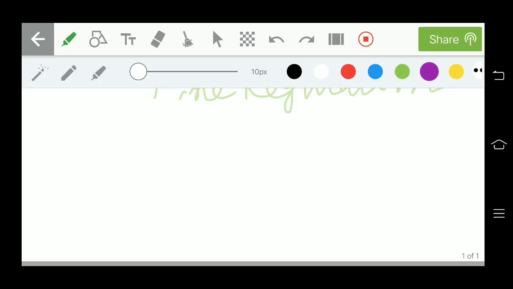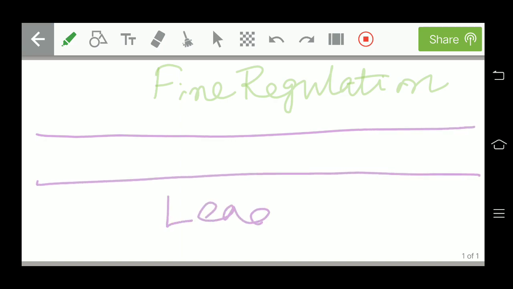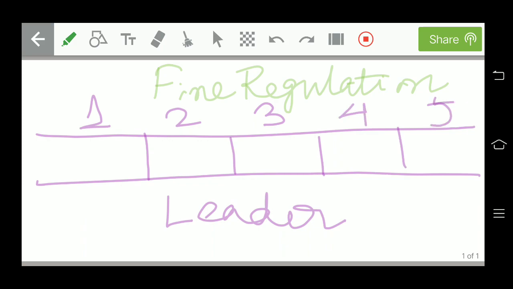So let's elaborate, or let's amplify, the leader. I told you this leader is also having an attenuator. Now this leader is having 5 segments: 1, 2, 3, 4 and 5 segments.